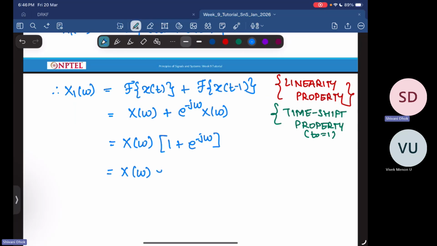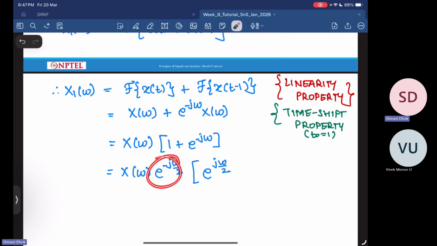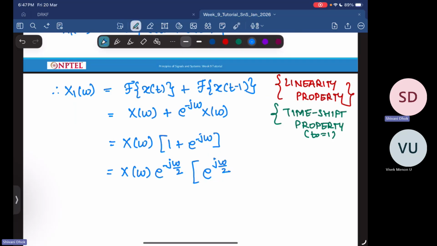So x of omega into e power minus j omega by 2, and the first term becomes e power j omega by 2, because e power minus j omega by 2 into e power j omega by 2 gives 1. Then we have plus e power minus j omega by 2.